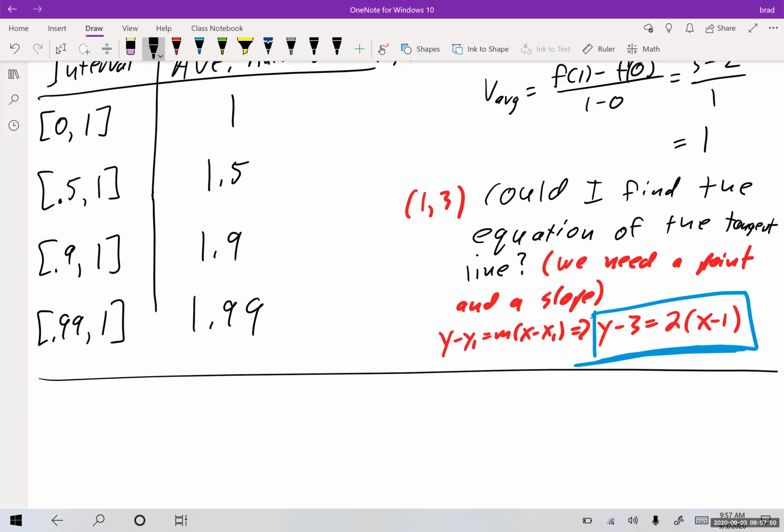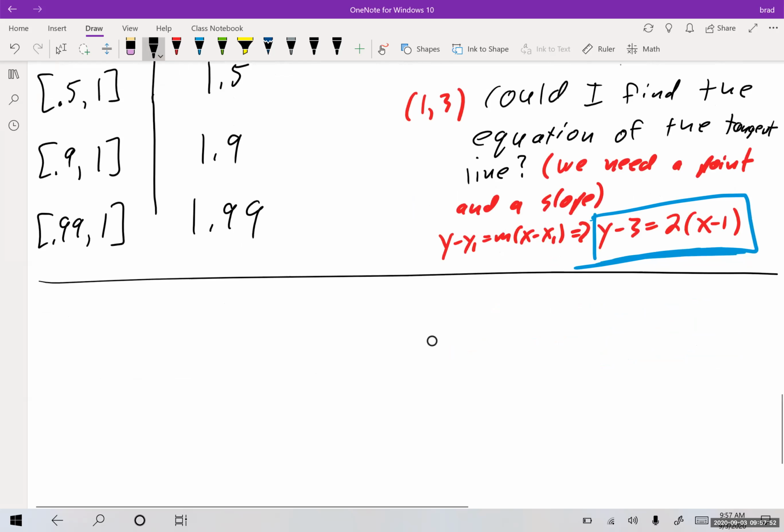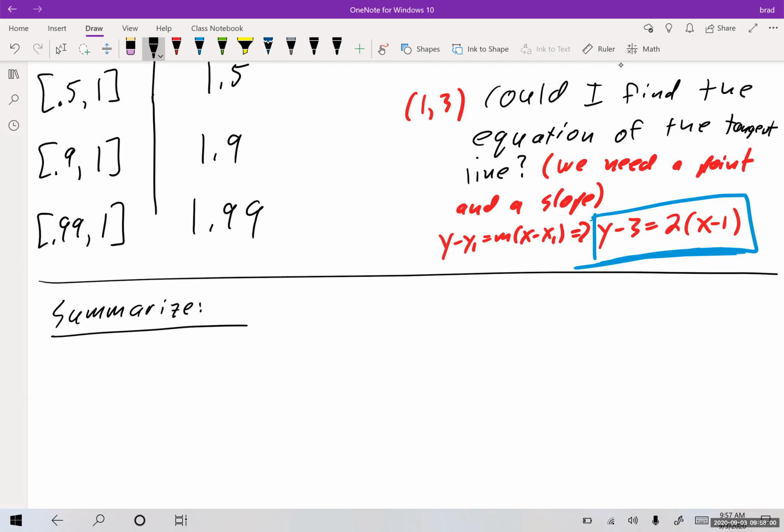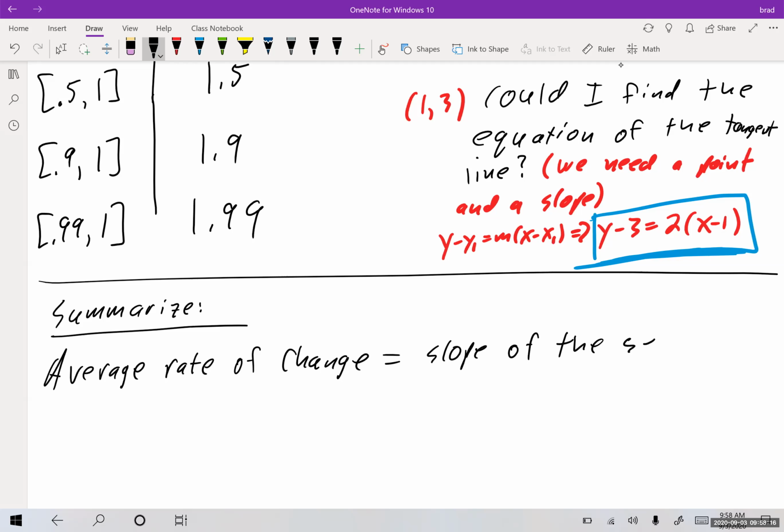So we can also find that. So let's summarize. Average rate of change equals the slope of the secant line.